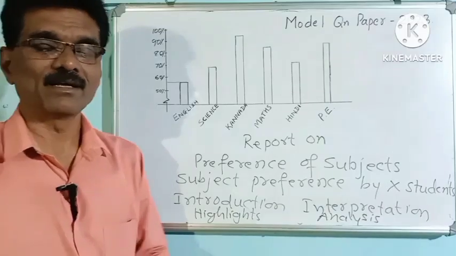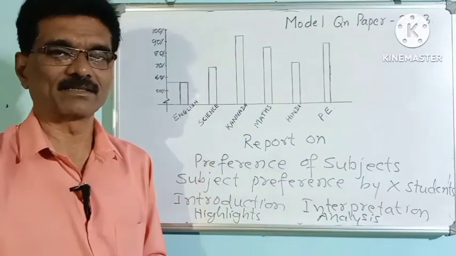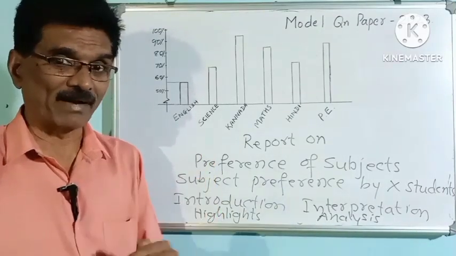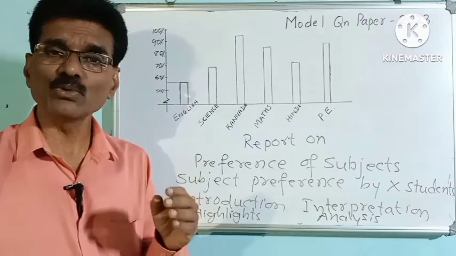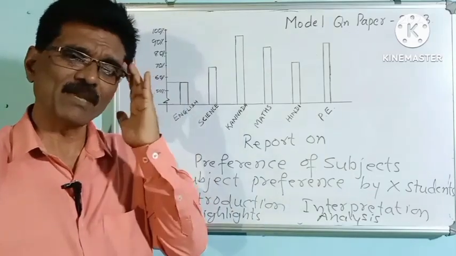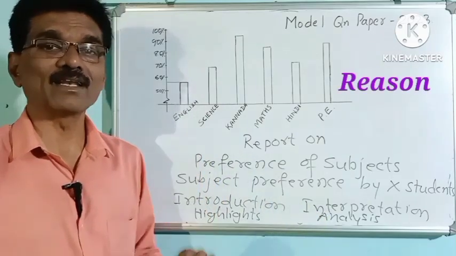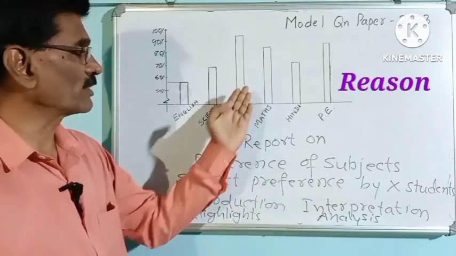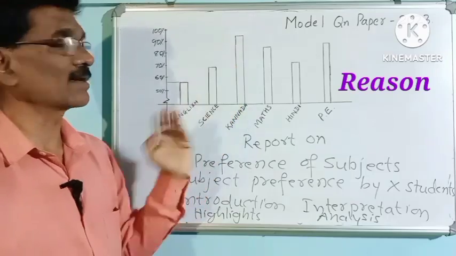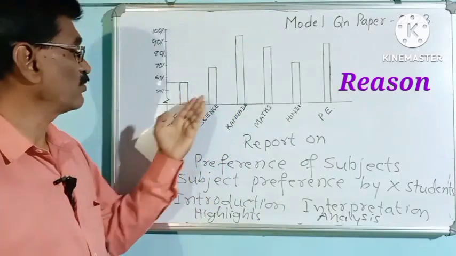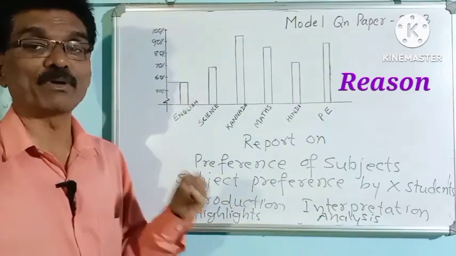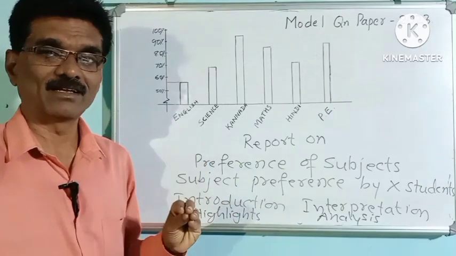Analysis contains at least three parts. You don't need to write those words, just keep it in mind. That is the cause or the reason for this. So that is, why is Kannada preferred more and why is English preferred less?